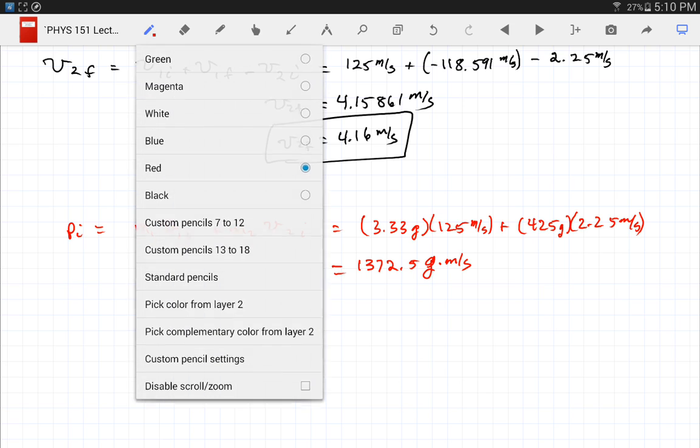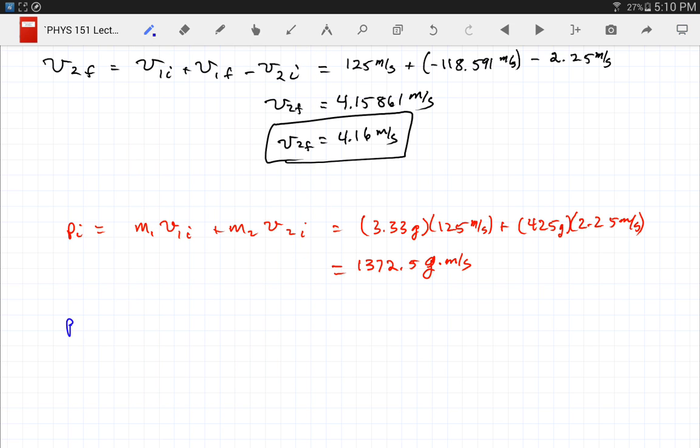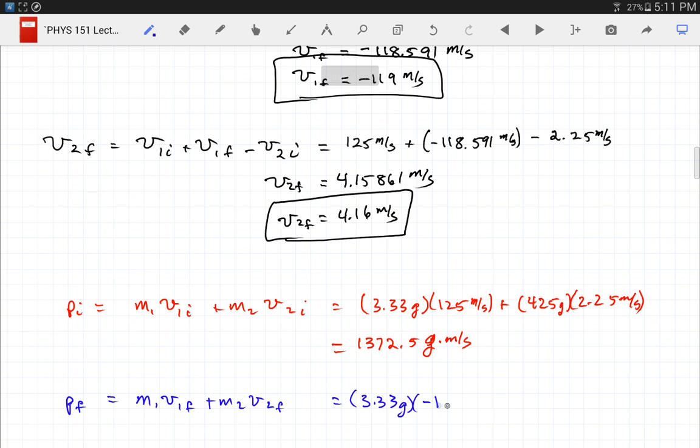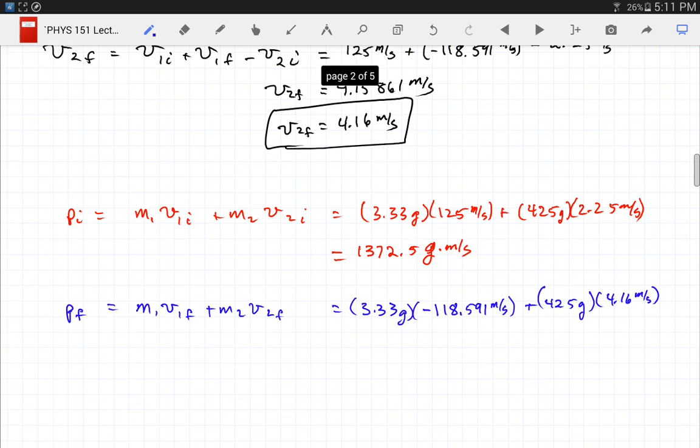Now my momentum final, for comparison, is m1 v1 final plus m2 v2 final. That's equal to 3.33 grams times minus 118.591 meters per second plus 425 grams times 4.16 meters per second.